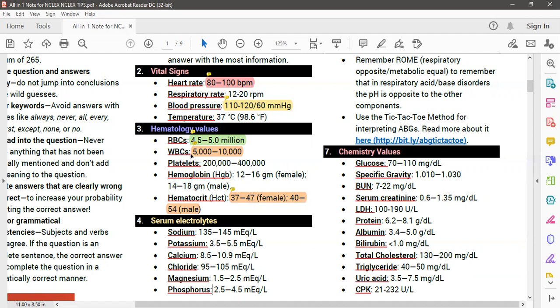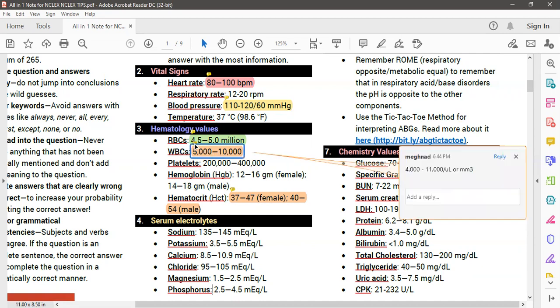So the normal range of WBC is 5,000 to 10,000. Some books mention it is 4,000 to 11,000 per cubic millimeter of blood.